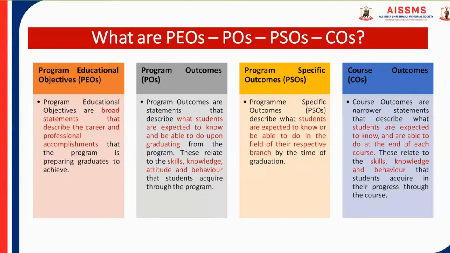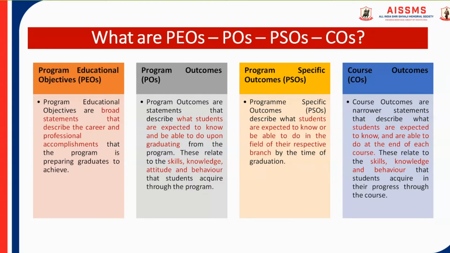This is the important thing. And when you are defining the course outcomes or course objectives, you have to take into consideration the program specific outcomes, the program outcomes, and the program educational objectives of that particular institute. These are the very basic definitions.